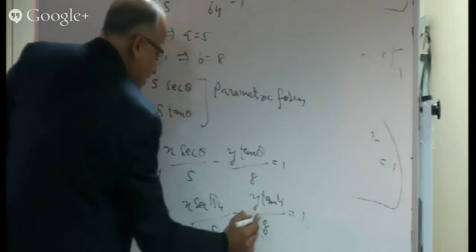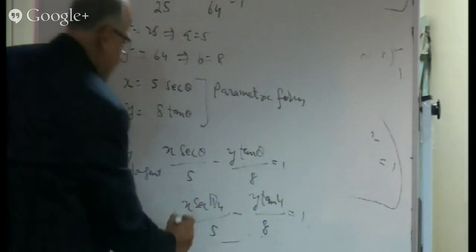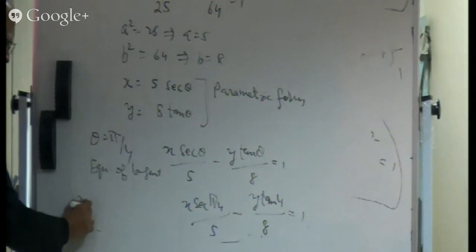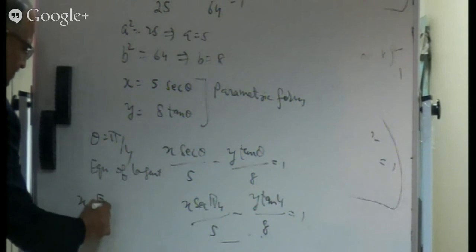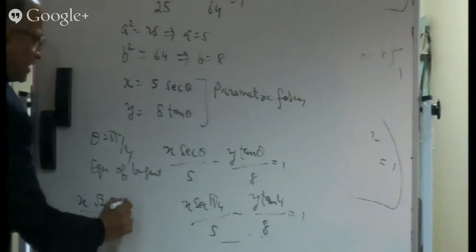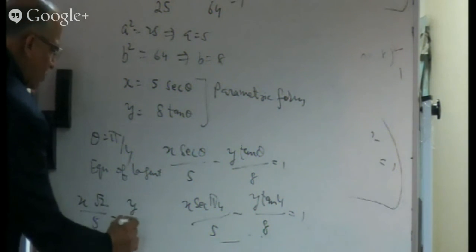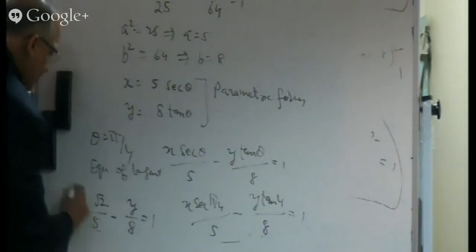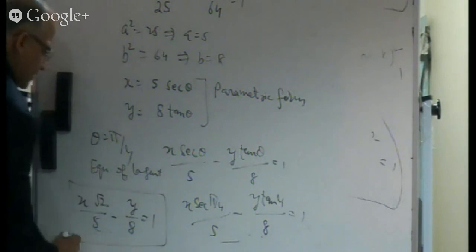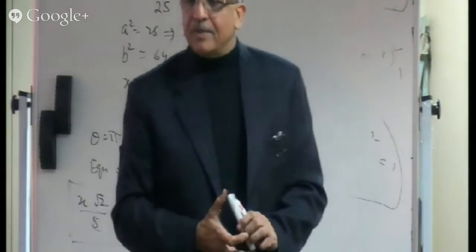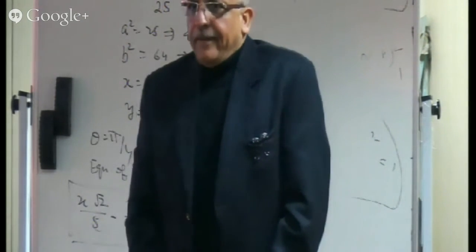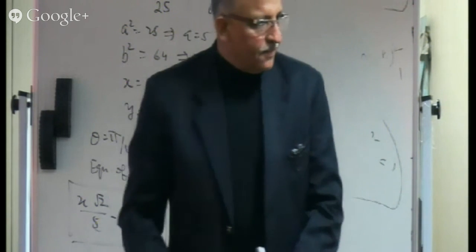So the equation becomes x, what is secant pi by 4? Cos pi by 4 is 1 by root 2, so it is root 2, upon 5 minus y upon 8, because tangent pi by 4 is 1. This is the equation I get. You can see it is a linear equation in x and y, and therefore it represents a straight line. It is a tangent.